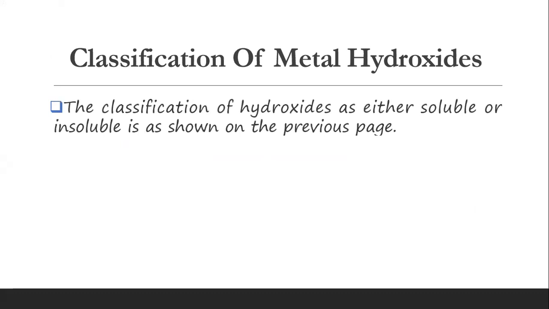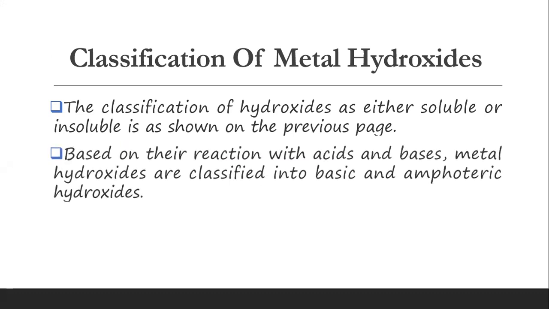Now, the classification of the hydroxides as either soluble or insoluble is known, as we've seen on the previous page. Based on the reaction with acids and bases, the metal hydroxides are classified into basic and amphoteric hydroxides. That is the brief of what I said in the previous slide.